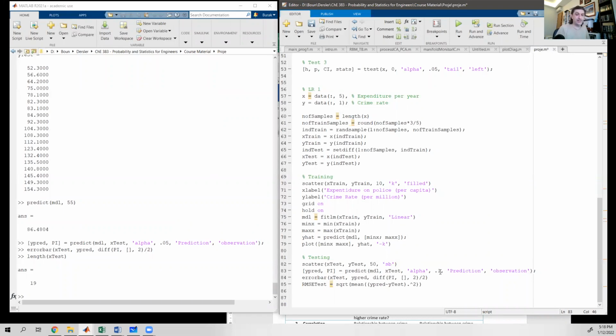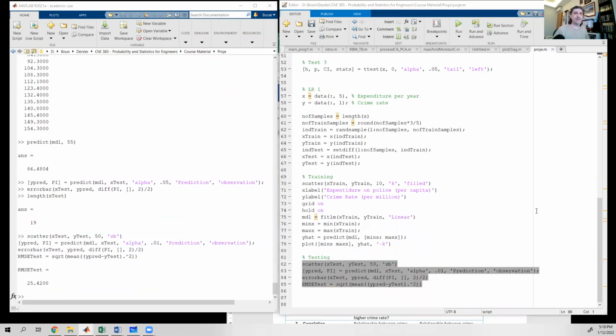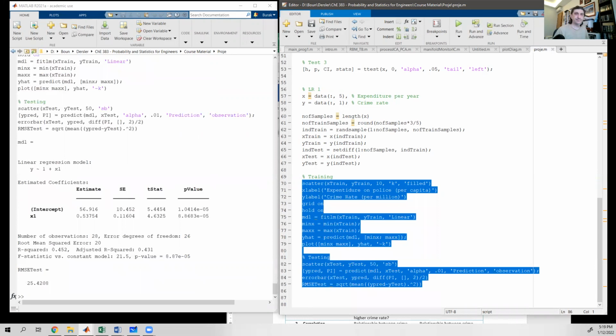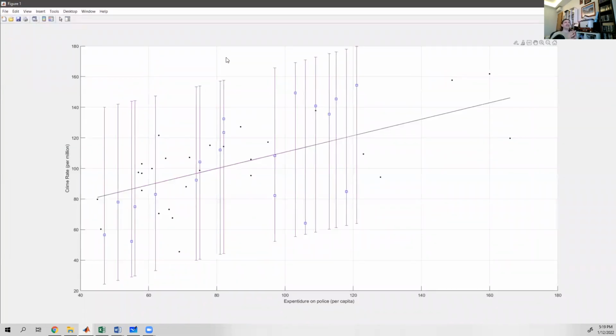0.01, for instance, which is a 99% confidence interval, then let's see. All right, when we have a 99% confidence interval, note that the only thing that has changed is the width of these confidence intervals.